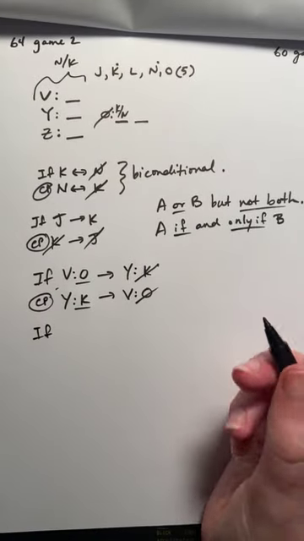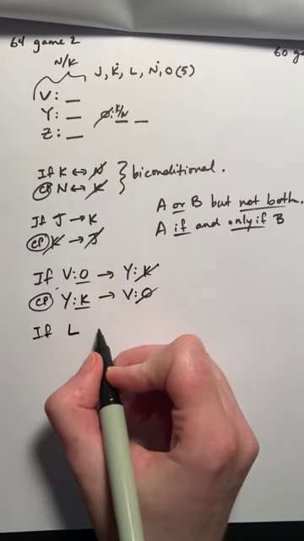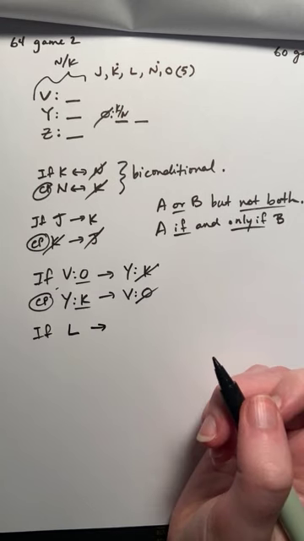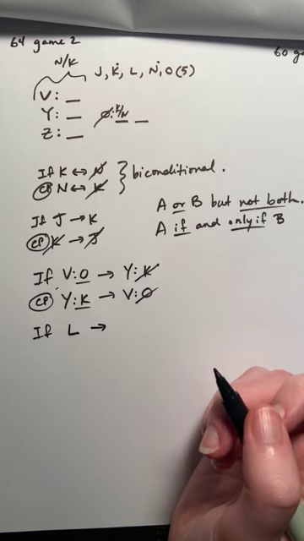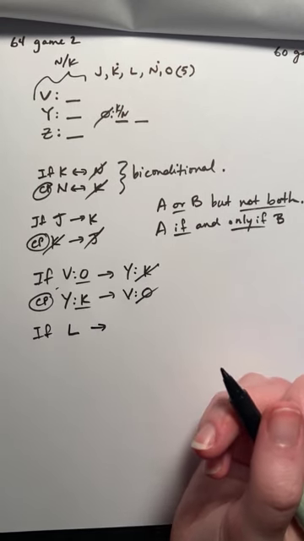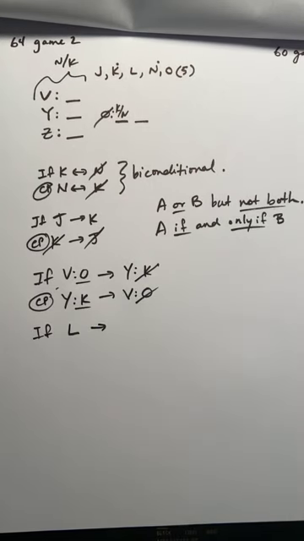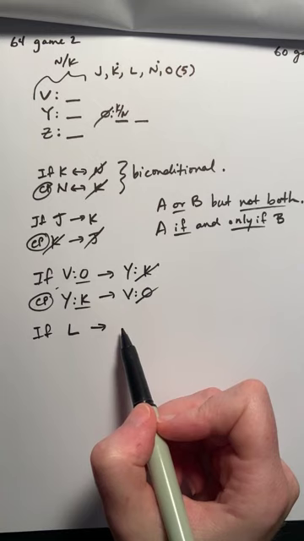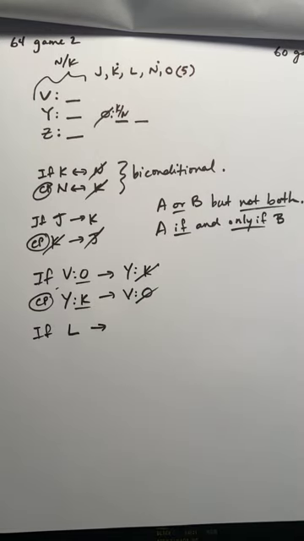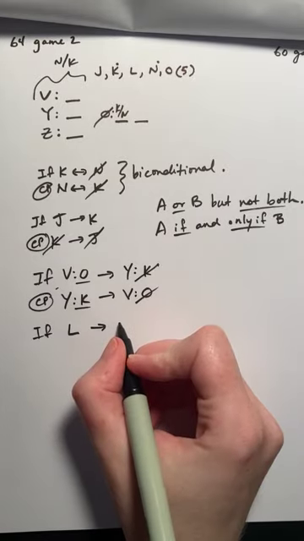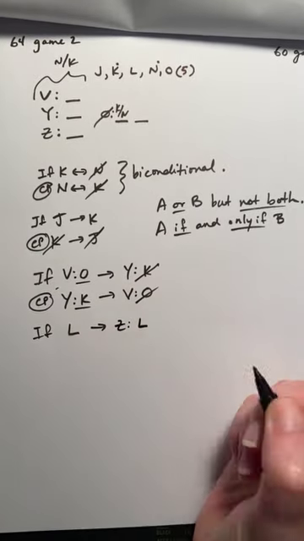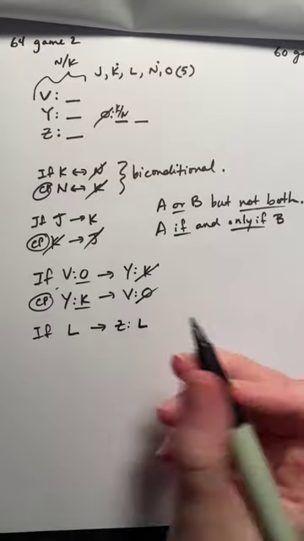If L is assigned to an ambassadorship, so if L is in, then it is to Zambia. I almost said Namibia. Okay, which I think is a combination of Zambia and Namibia. My bad. All right. So if L is assigned to an ambassadorship, it is to Zambia. So that means L is assigned to Zambia.